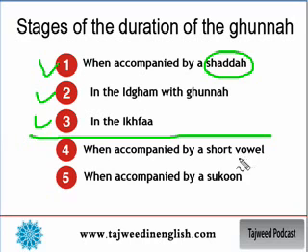Some scholars and ulama say sukoon and short vowels are the same, but of course with sukoon it will be more visible, more audible. So I would say this is 4, and the 4 would be in 5 here. I think this is my mistake in making this slide.